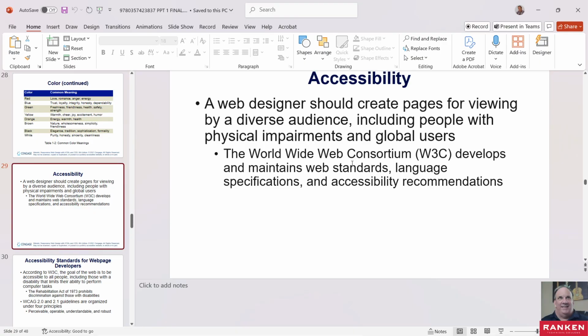If your target audience is always going to be American-based, then you don't have to worry about that too much. But accessibility should really be important. It's very important for government websites. They have laws in place that you have to make things accessible.